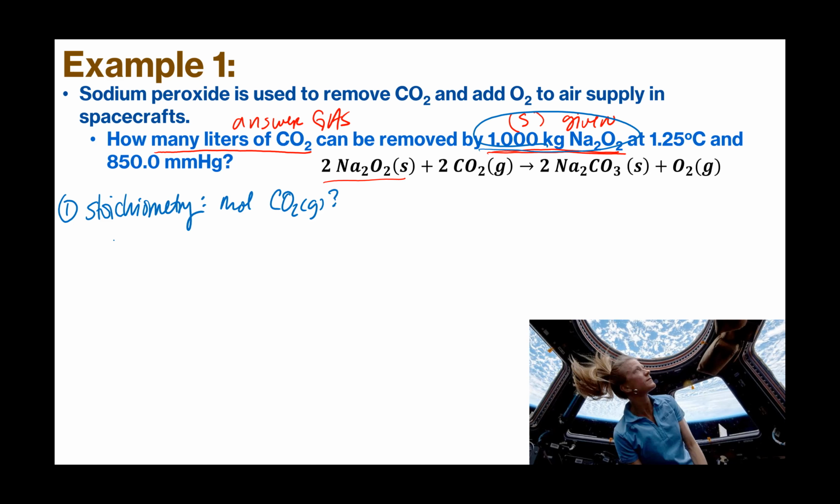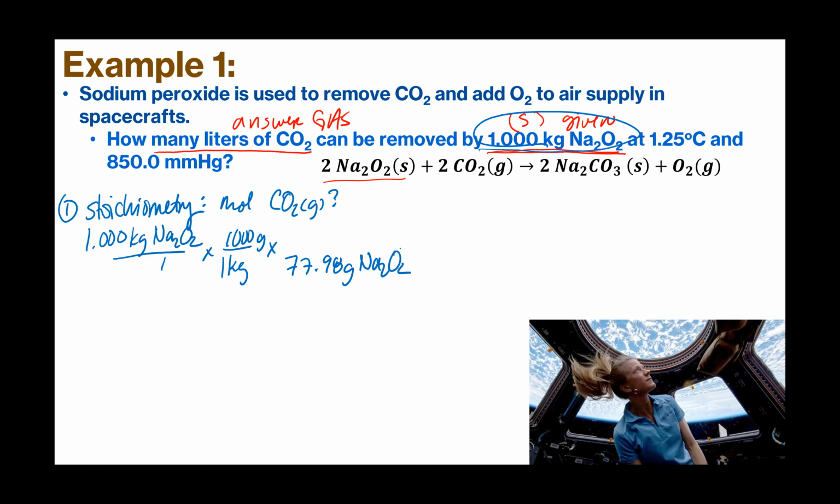So 1.000 kilograms Na2O2. Remember that 1 kilogram is 1,000 grams. I should have put the molar mass up here, but I didn't, but I've got it for you, 77.98 grams of Na2O2.